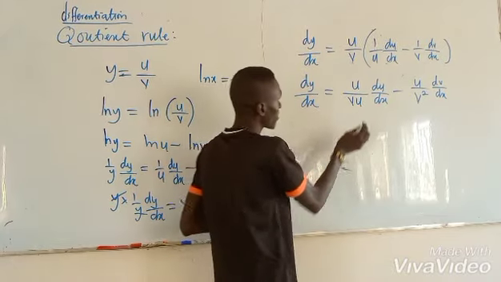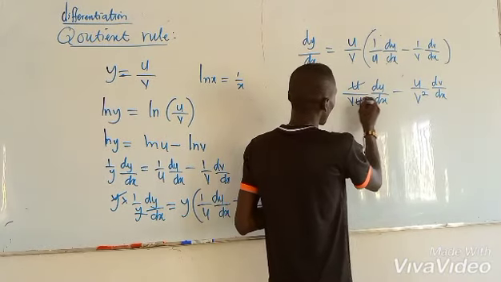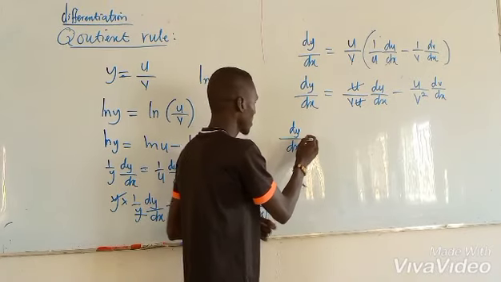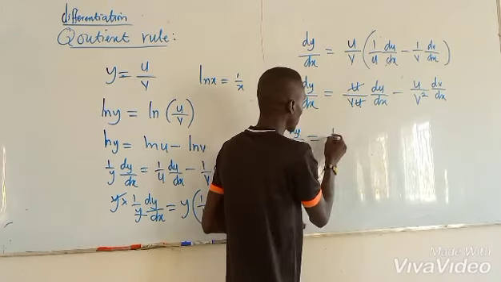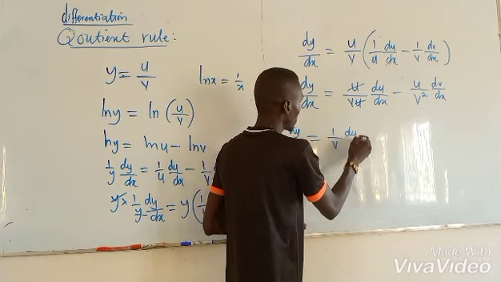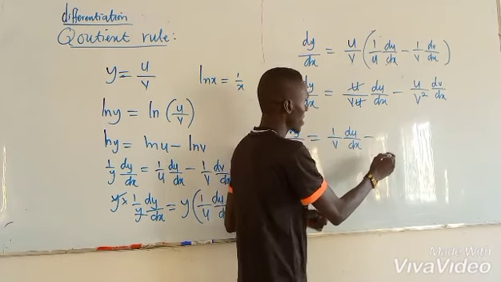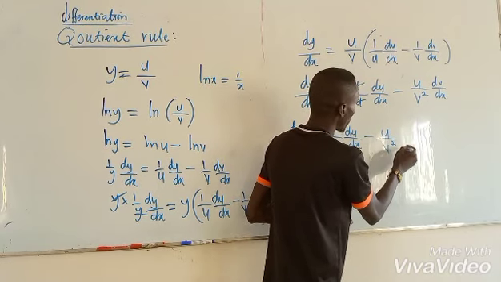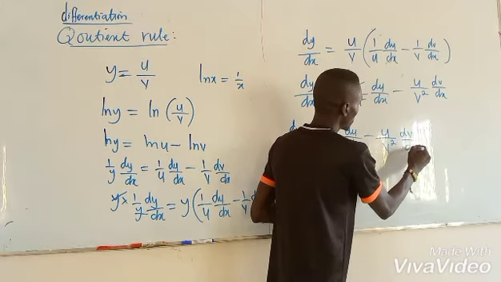From this point, you can observe that u cancels u. So dy/dx equals what is left here, 1 over v du/dx, minus u over v squared dv/dx.